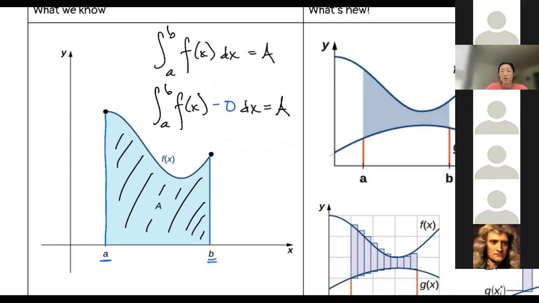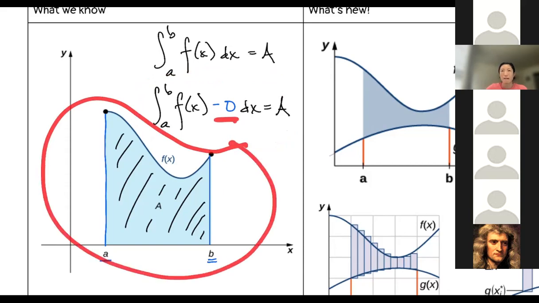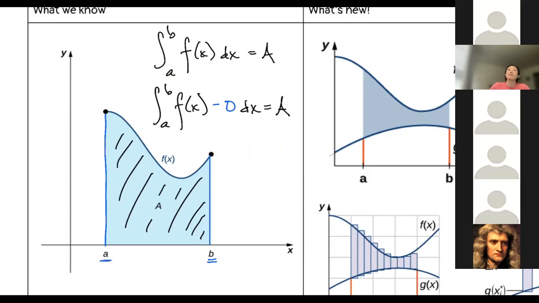But I'm wondering if someone can maybe share a guess with me about where this 0 is on this picture. Okay, where is that 0 on the picture? Because I argue that that 0 is actually on the picture somewhere.